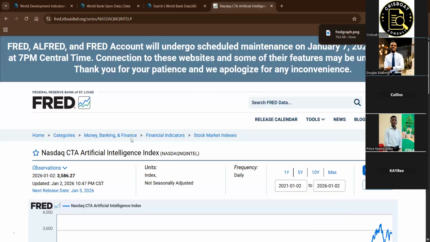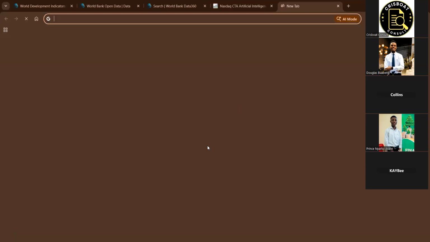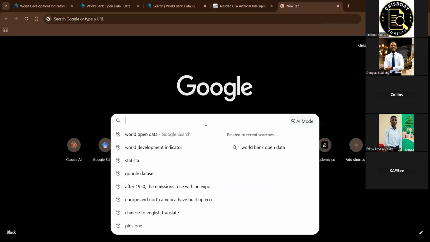Okay. If there's no question, let's explore GEM. So we have the GEM database, Global Entrepreneurship Monitor.